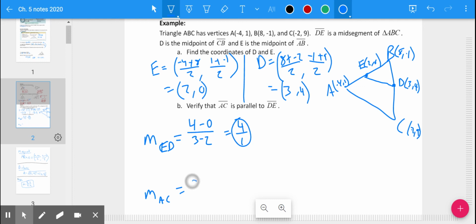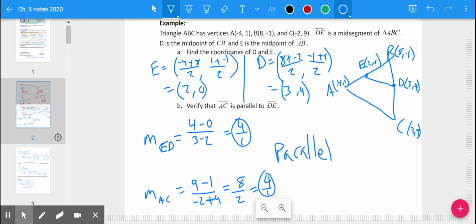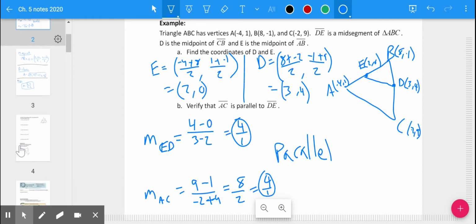AC would be 9 minus 1 over -2 minus -4. We get 8 over 2, which is 4 over 1. So same slopes, they are parallel. So that was just verified right there. So that's one application of coordinate geometry with midsegments of a triangle.